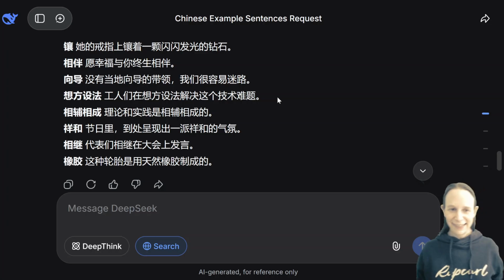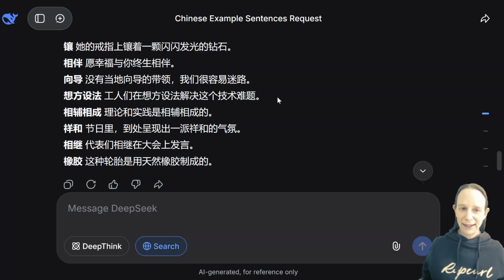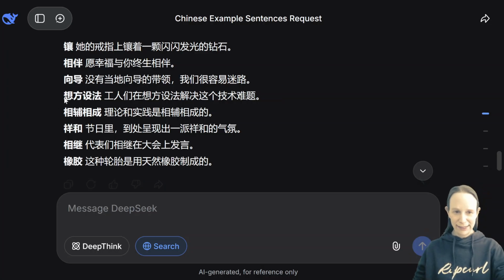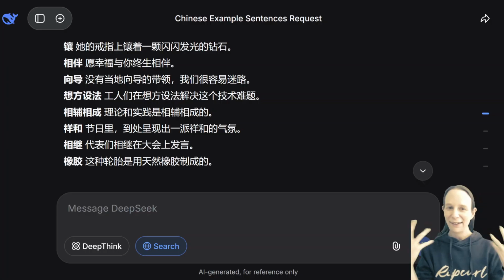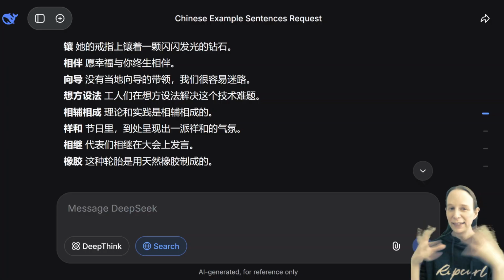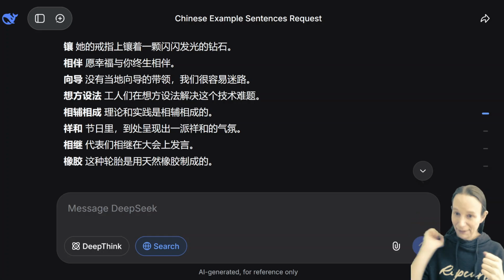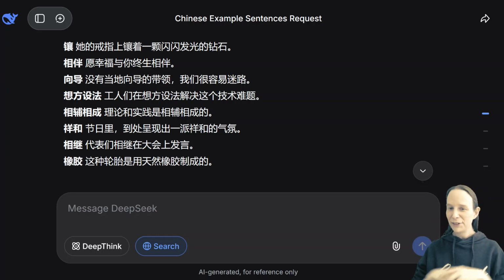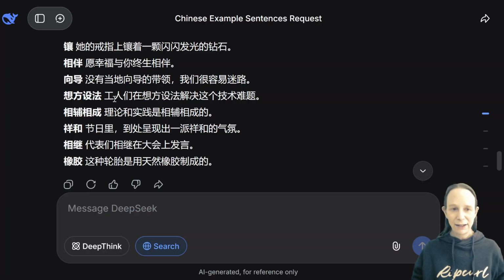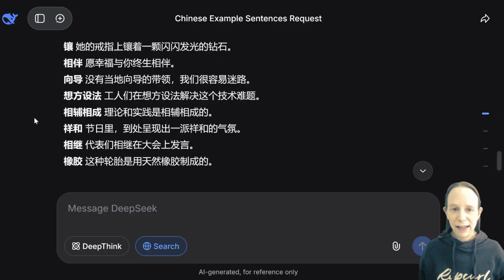All right, next is 想方设法. Yeah, so we see 方法. 方法 would be like method, right? 想方设法. So you're thinking up and hypothesizing lots of methods, right? So if you have a problem, you might want to come up with lots of methods to solve it, and you might either pick them or try lots of different methods for solving a problem. 工人们在想方设法解决这个技术难题.